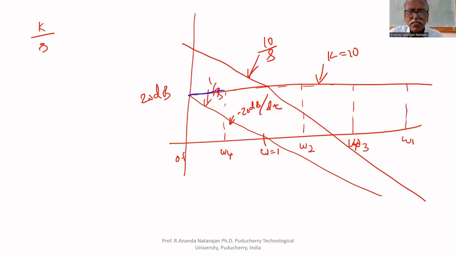This has to be added. This is 40 dB up to omega 2 and then horizontal, then 20 dB, then horizontal.